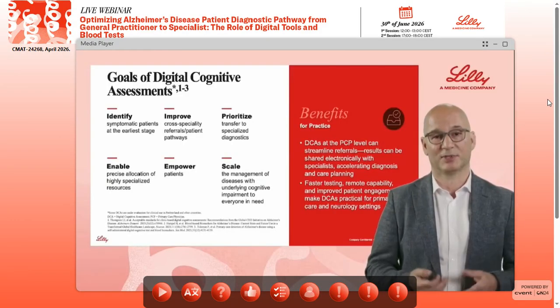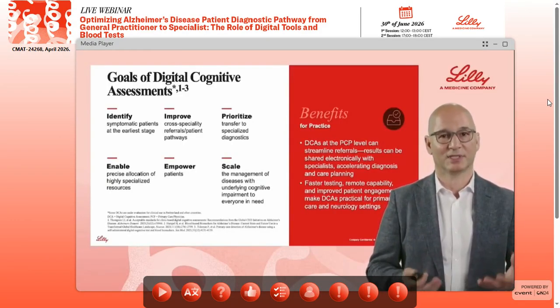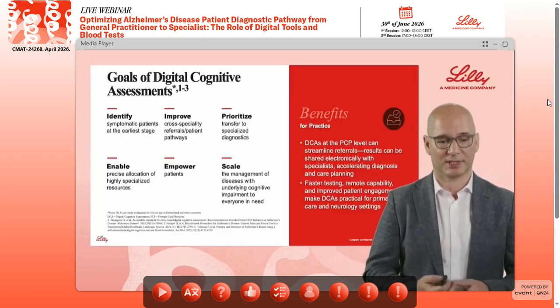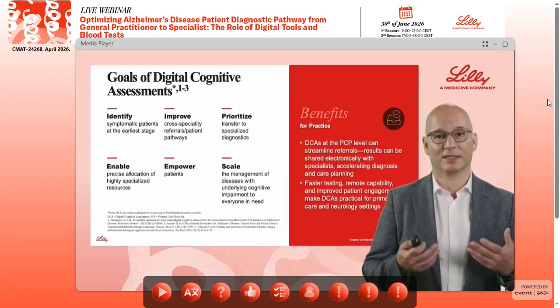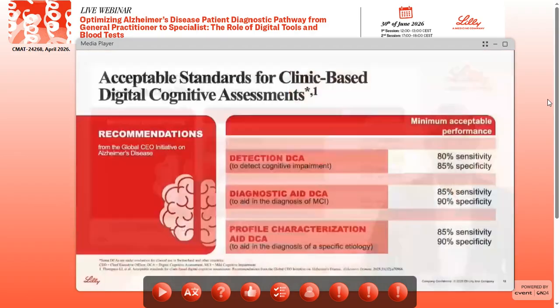We feel that patients are more engaged, more empowered when they are actively self-administering tests at home and contributing to the diagnostic assessment. And of course, they are an important way to scale the sheer number of assessments that the healthcare system can provide.